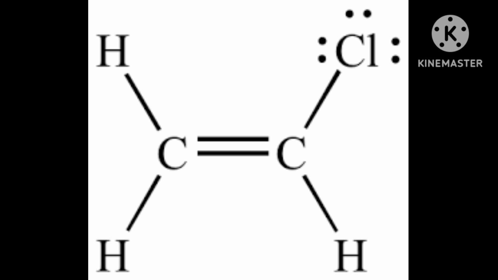Similarly, if the halogen is attached to the triple-bonded carbon, then in that case it will be sp hybridization. Three means triple bond, just like in acetylene.